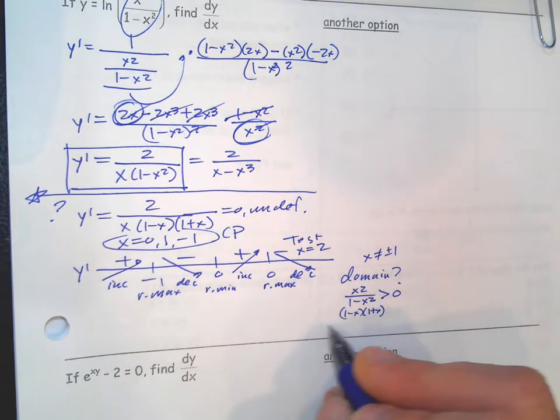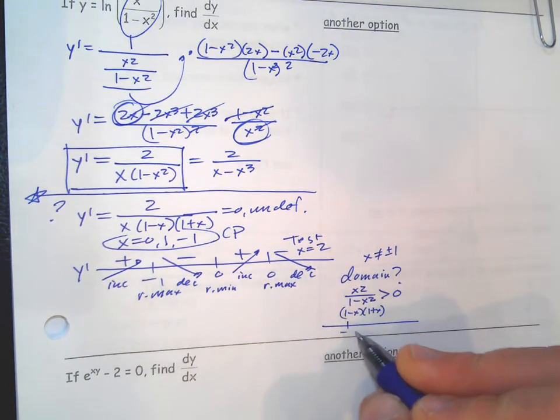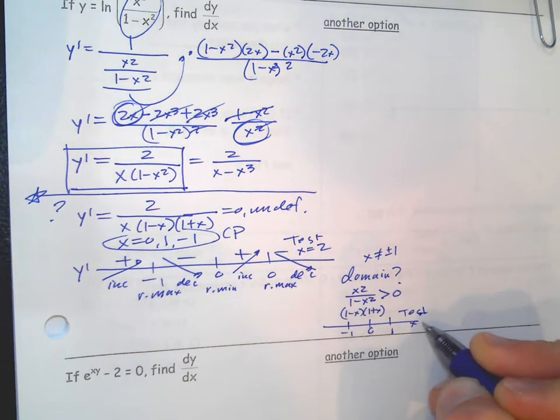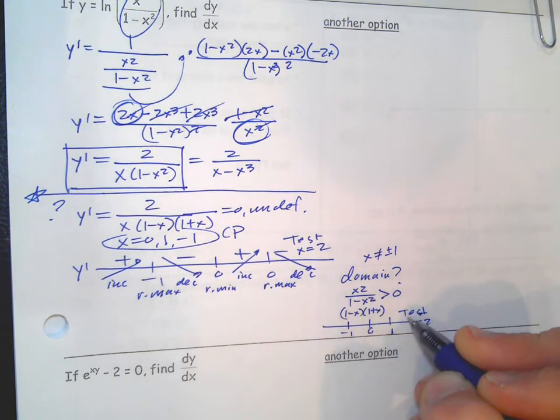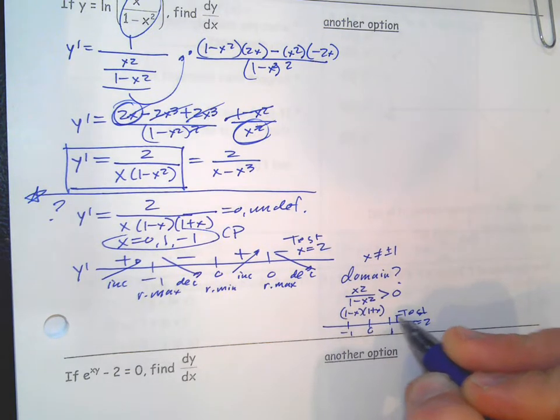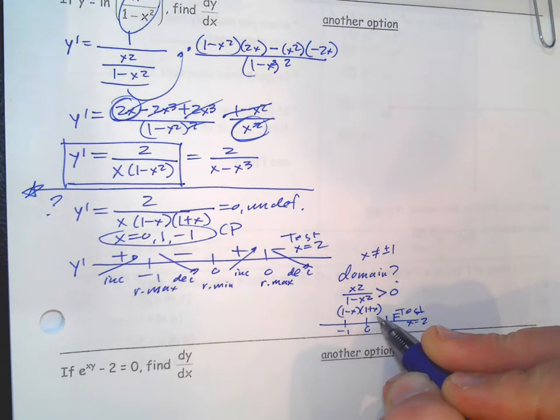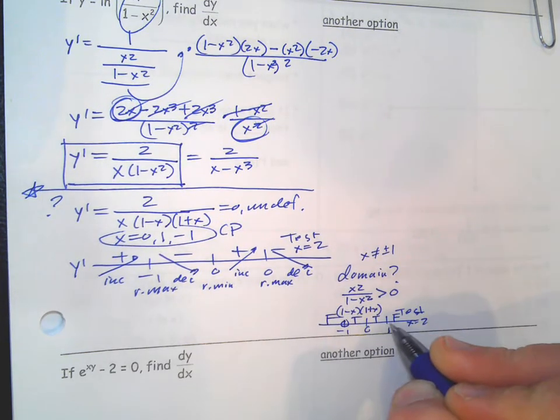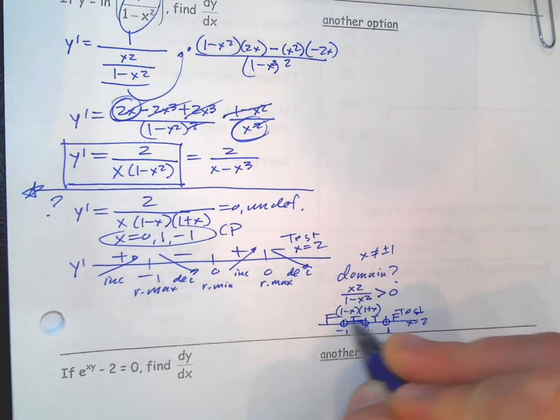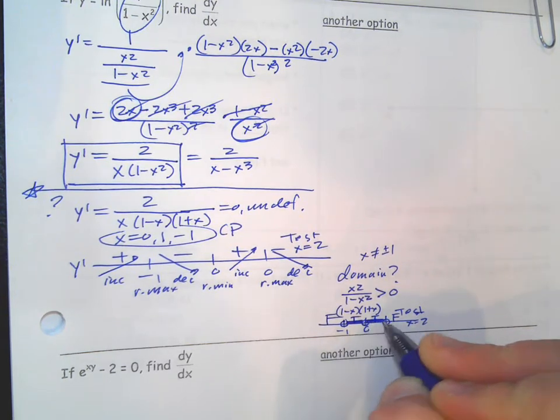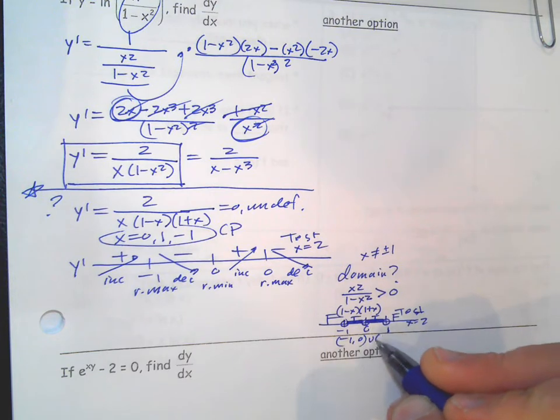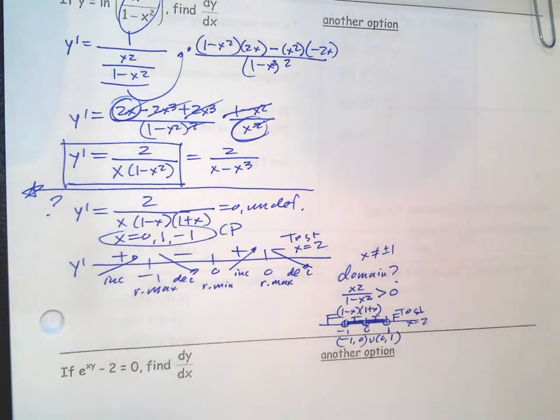So you would do like a line check, -1, 0, 1, test a value, x equals 2, is false. True, true, false, open dot, open dot, open dot. So this is the domain, is -1 to 0 and 0 to 1. So any answers outside of that we can't use.